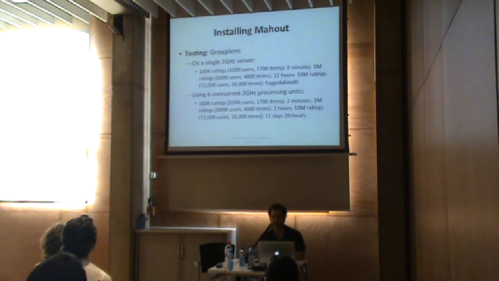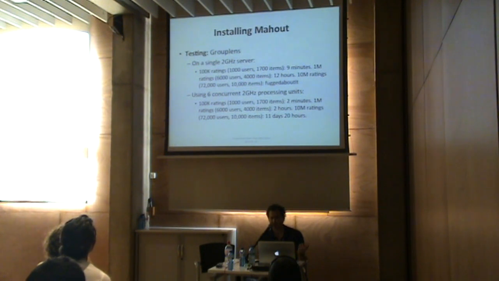GroupLens consists of, I think, 3 different data sets. Was it 10 million or 100 million ratings by various users, 100,000 ratings, and I think the third one was 10,000 ratings. So this is really nice to have this data available for testing, so you can set up your Mahout server, you can set up Maven, and you can make sure at least it's able to take input and give you some output in an expected format.